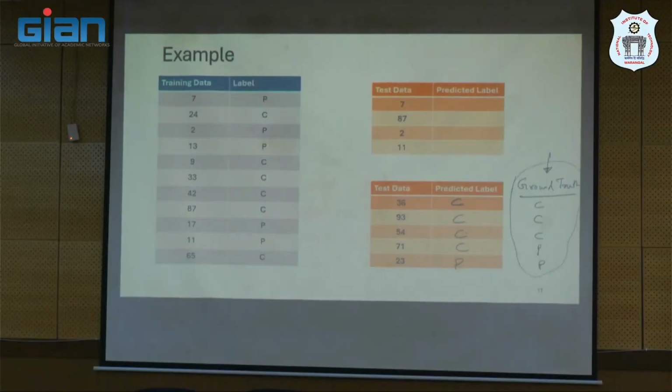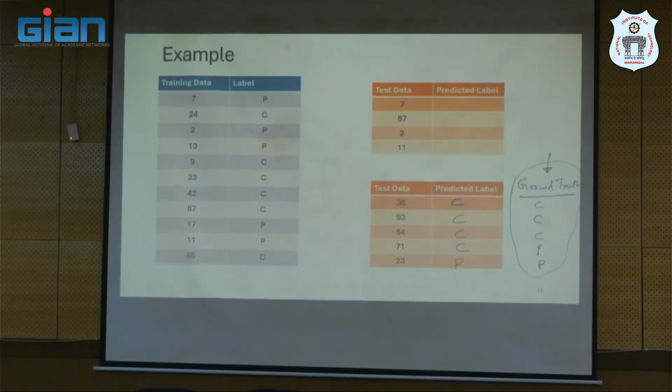And there are many measures. We will not go into all those details today, but I'm just trying to give you a broad picture. So when you are trying to predict without knowing what the exact ground truth is, you can only predict with a certain degree of confidence. You can say I'm 100% confident, but that is very rare, right? Because you are never certain. Okay, so this is the basic idea.